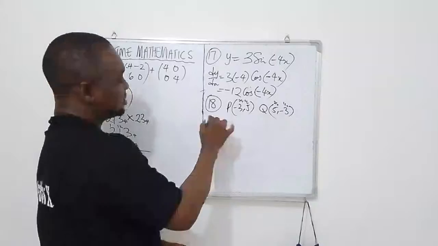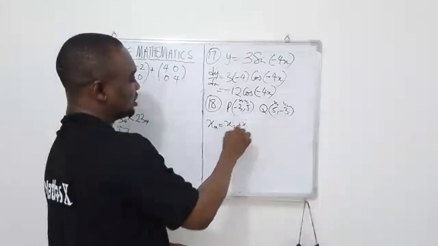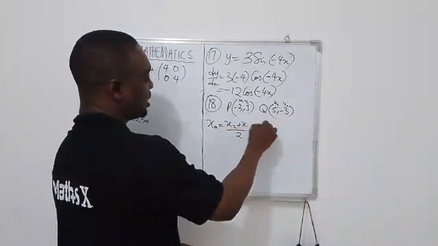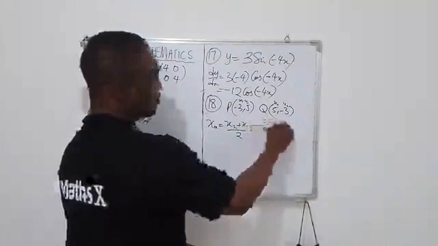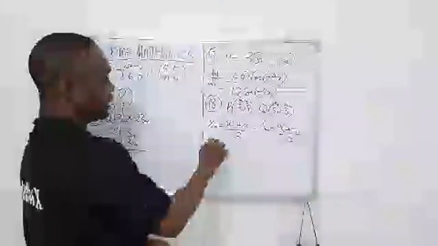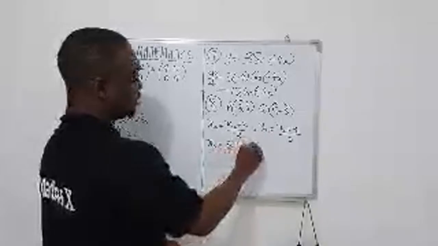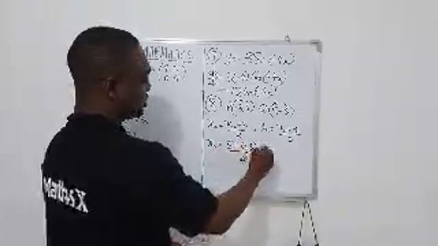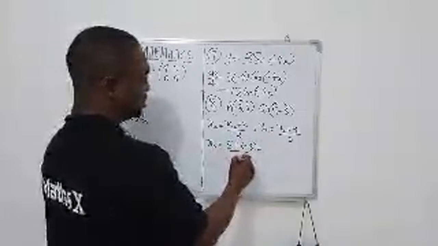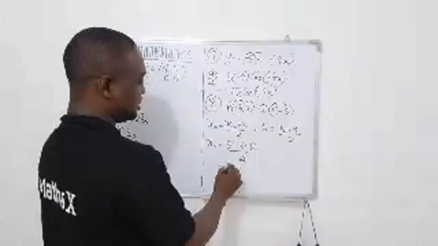The midpoint formula, my dear, says that xm is x2 plus x1 over 2, and ym is y2 plus y1 over 2. So xm is 5 plus bracket -3 over 2. This will be 5 minus 3 over 2, which is 2 over 2, I have 1.